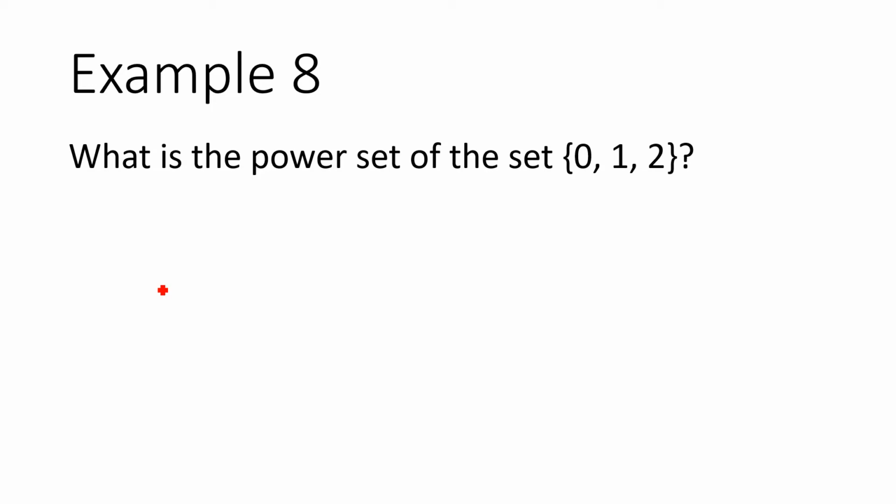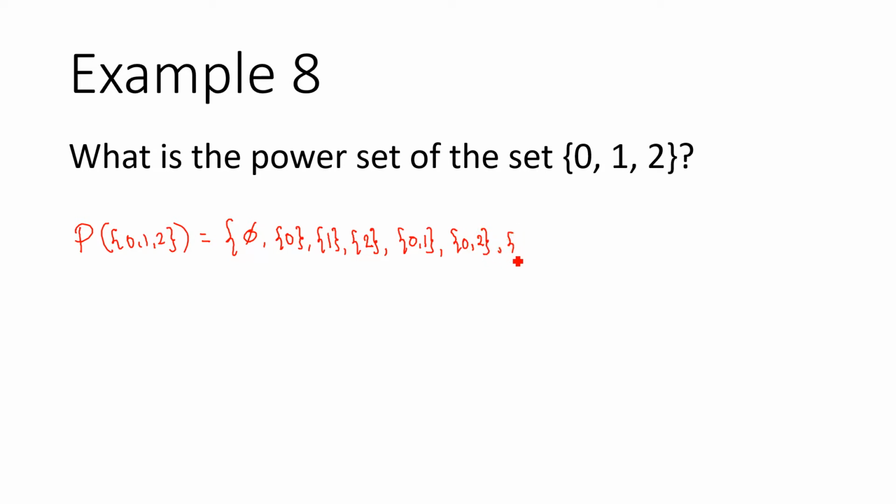So the power set should contain the empty set, the set containing 0, the set containing 1, the set containing 2, then the set containing 0, 1, the set containing 0, 2, the set containing 1, 2, and then the set itself, 0, 1, 2.